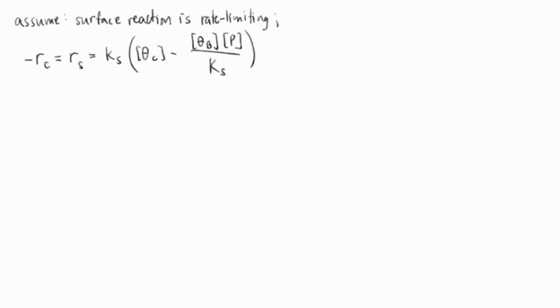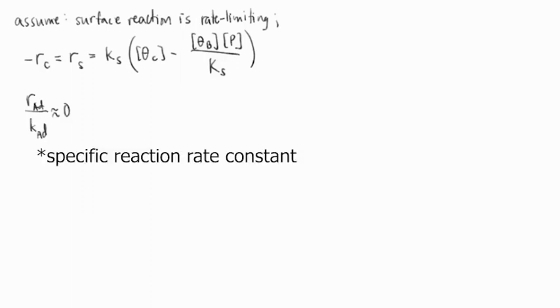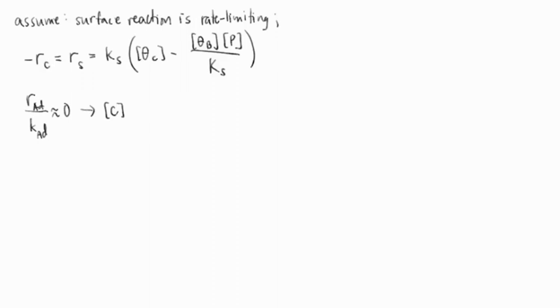For this part of our solution, we can also say that the ratio of the rates of adsorption with regards to the specific reaction rate for adsorption is almost equal to 0 because of the large value of the specific reaction rate. Therefore, we now have the expression concentration of cumene times the concentration of the vacant active site is equal to the concentration of the active sites containing cumene over the equilibrium constant for adsorption.